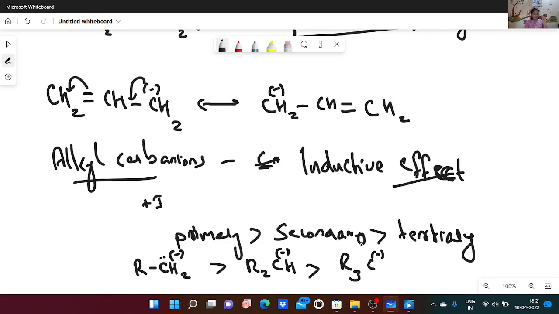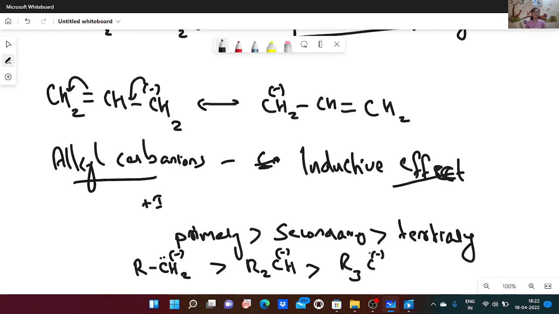If you have studied carbocation, you can compare carbocations and carbanions. Preparation is the same, heterolysis, but in the case of halogens, here you are using hydrogen. So heterolysis is there for preparation. Then structure: sp3 hybridization, pyramidal in shape. Structure also you have to draw.